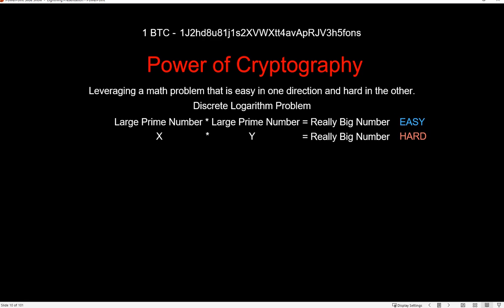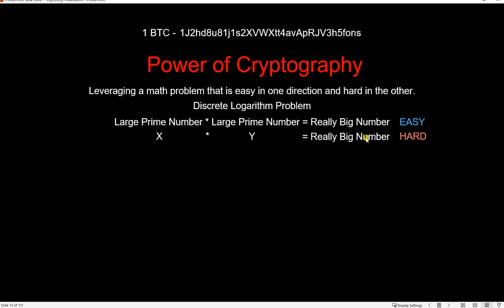I'm saying hard as in mathematically hard, which means there exists no algorithm. There is no shortcut. There's no short path to solve this problem, which is why it's called a problem. Meaning the only way you can do this would be to guess every single number combination possible in order to get this number.